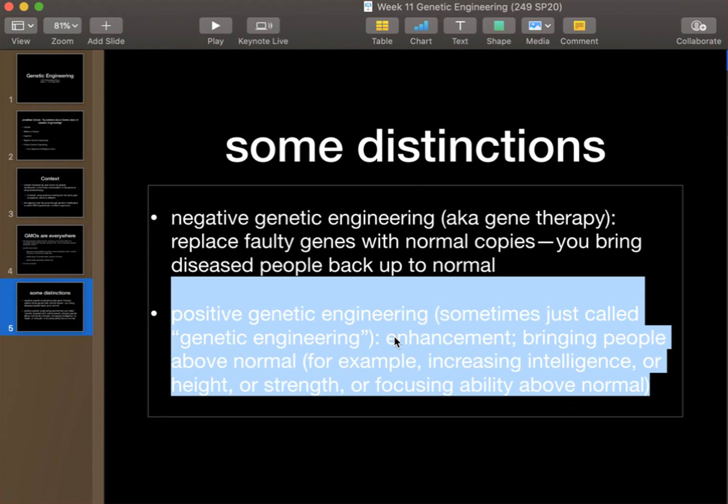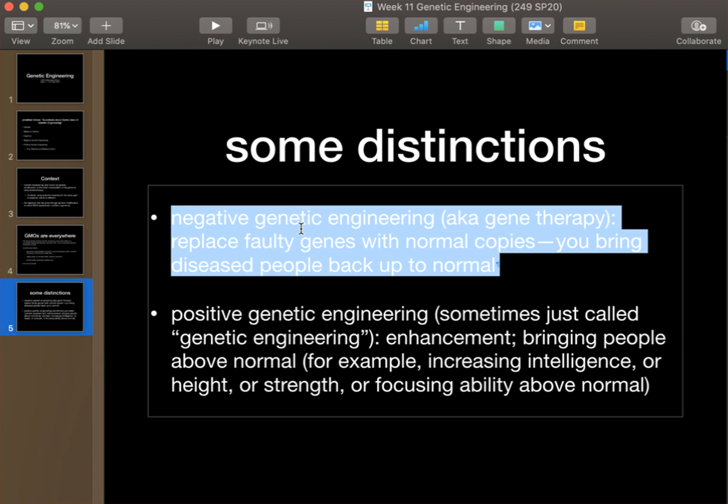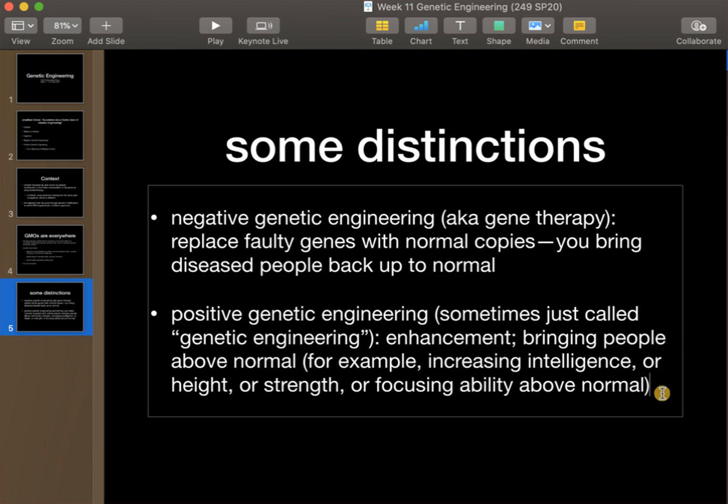And this actually, the positive genetic engineering, is going to be our main topic. Glover does talk a little bit about negative genetic engineering. Sandel, the author I'm asking you to read for Thursday, also talks about it a little bit. But our main topic is not this, because most people think negative genetic engineering is totally fine, it's uncontroversial. The controversial one is the positive stuff, and so that's what we are going to talk about.